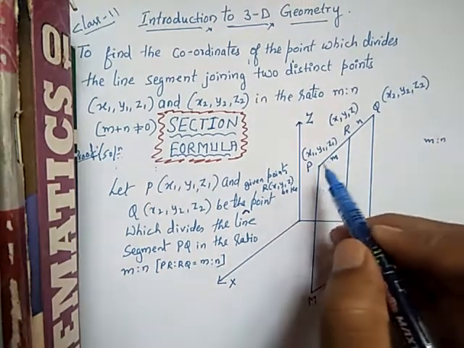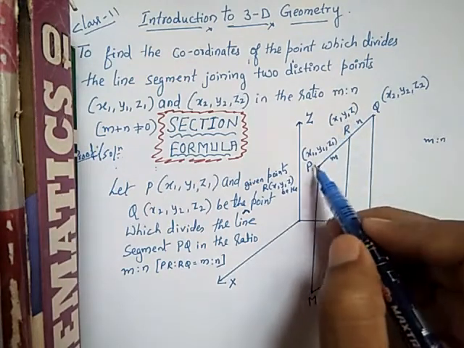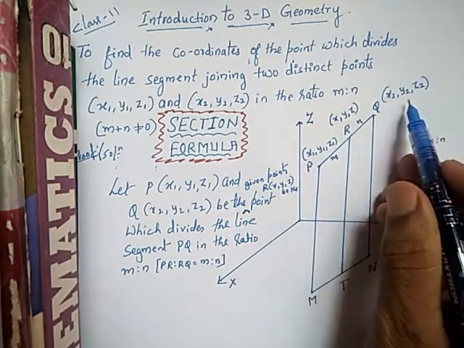From P to R it is m, R to Q it is n. So R is x y z, P is x1 y1 z1 and Q is x2 y2 z2.